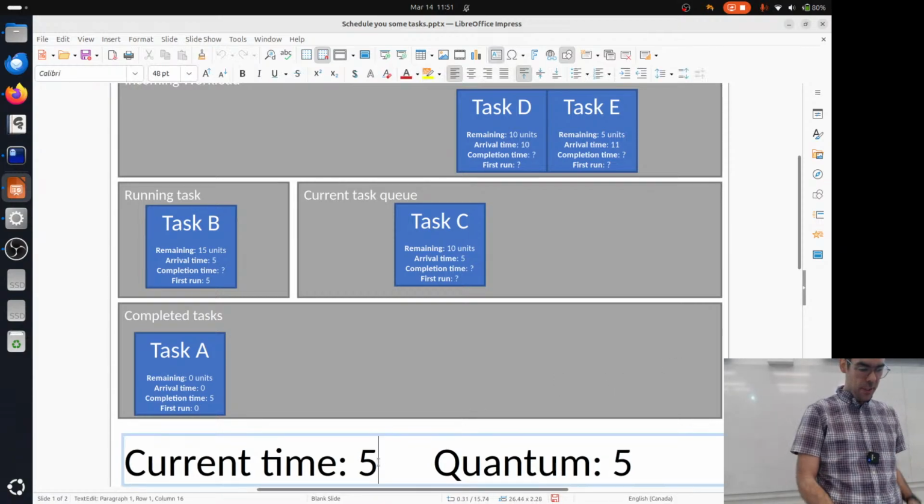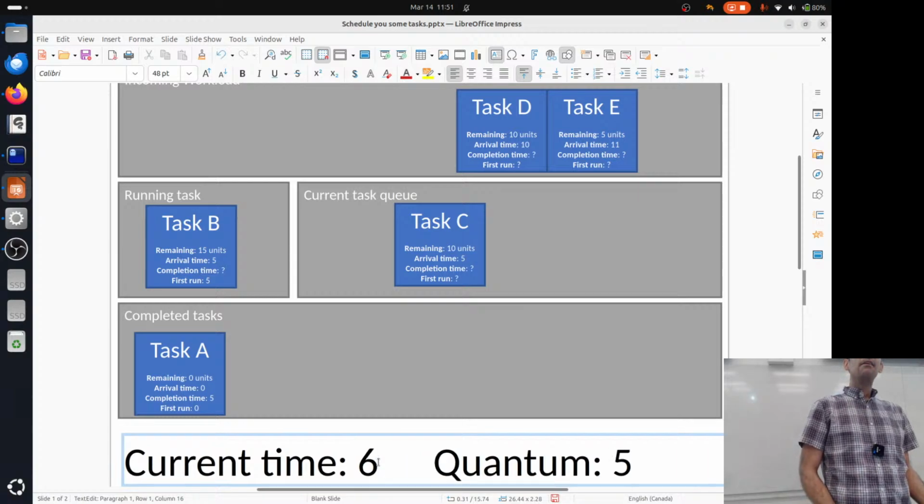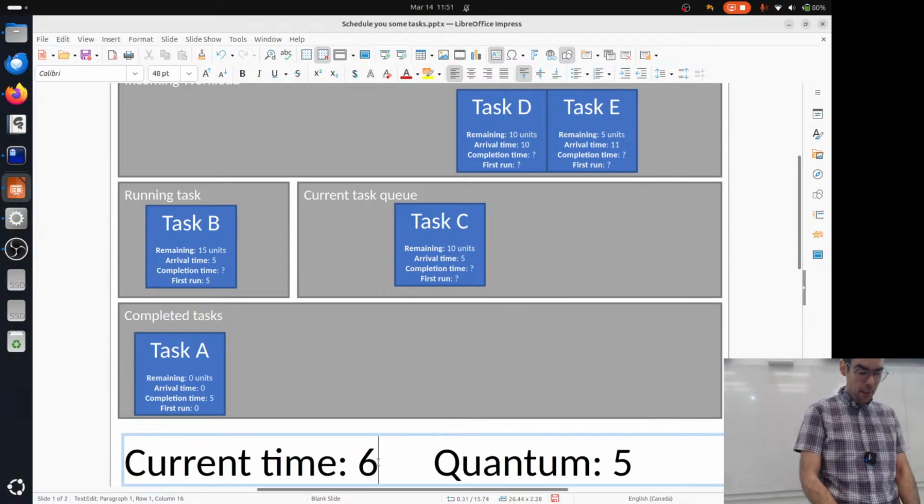I'm going to change the time to 6. And then very rapidly, I'm going to change it to 7, and then to 8, and then to 9, and then, okay, now it's time 10.